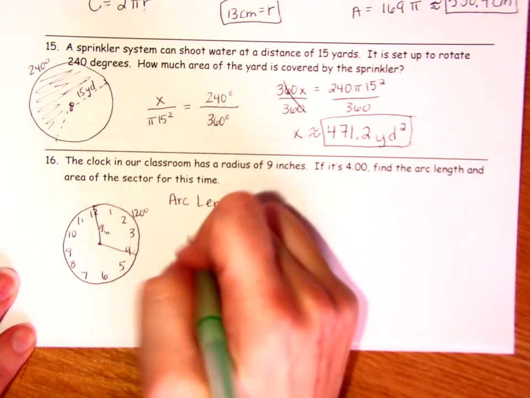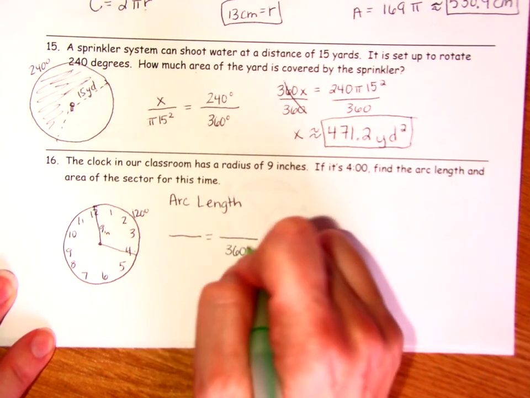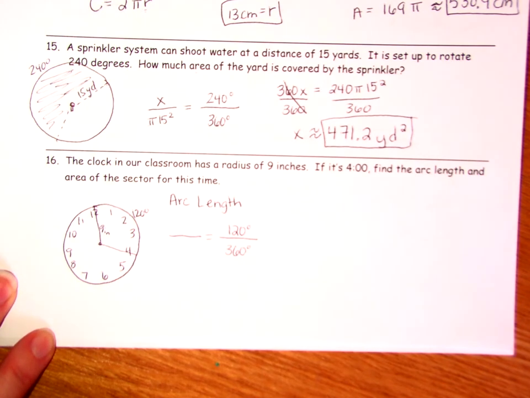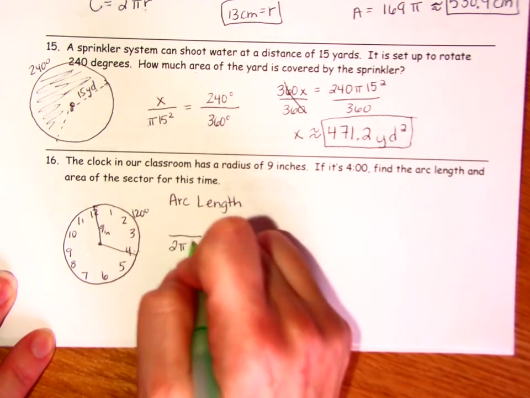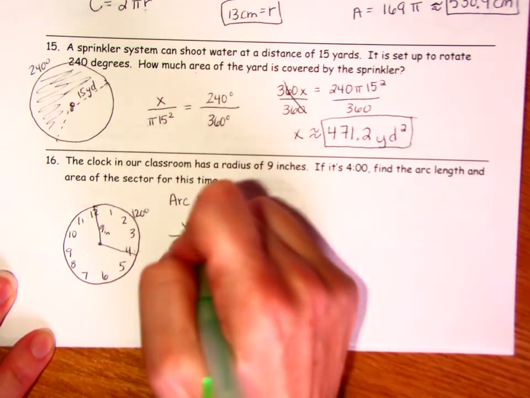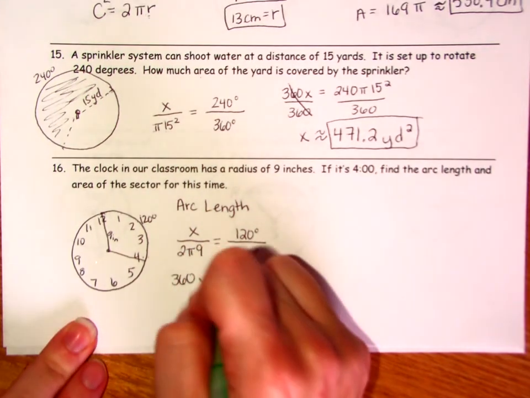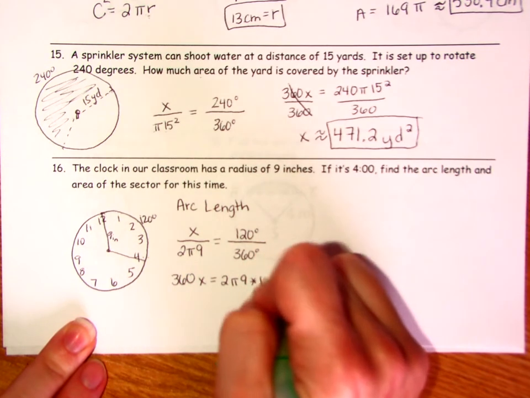So here we go. You're going to set up your proportion. 360 degrees goes on the bottom, and we know that it goes with the 120 degrees. We're trying to find arc length, that's circumference. My circumference formula is 2 pi r, which is 9, and I'm trying to find its length, so I'm going to put an x here. Cross multiply. 360x is equal to 2 pi 9 times 120.